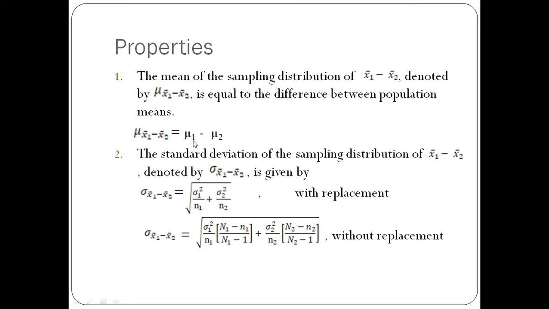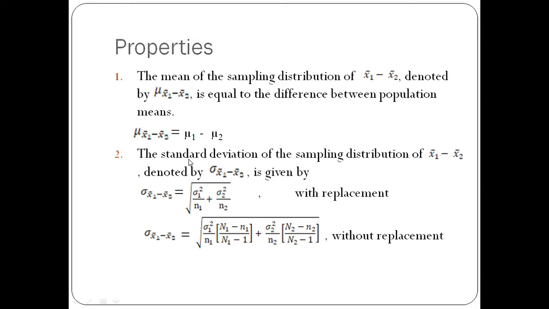As discussed, the first population has mean mu1 and the second population has mean mu2, so the mean of the sampling distribution of differences will be equal to the original difference of the population means. It will be clearer when I solve a question, but up till here this is enough.